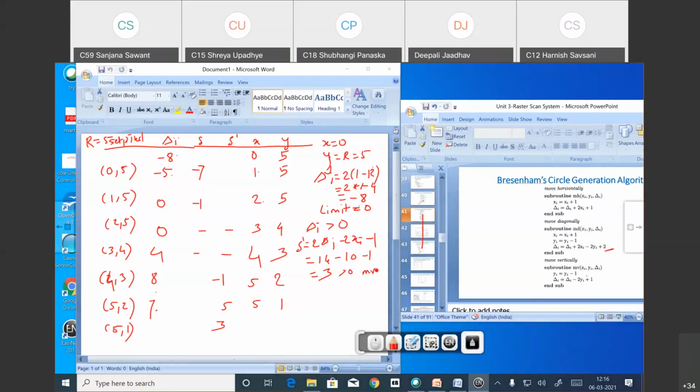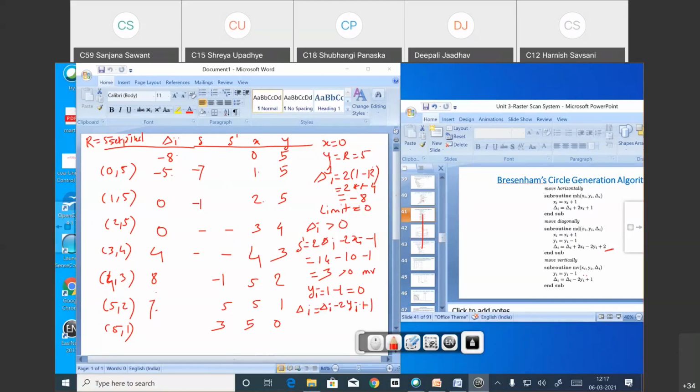So when we move vertically, it decreases the value of y by 1. So y is equal to 1 minus 1, it is 0. Y becomes 0, x remains as it is. Calculate the new value of delta I minus 2yi plus 1.